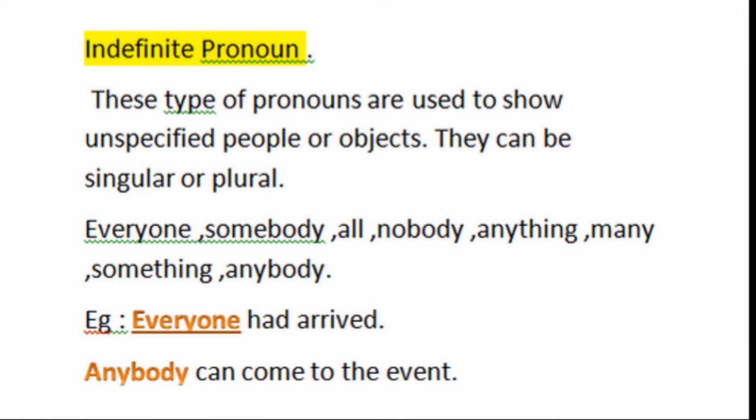Indefinite pronoun. This type of pronoun is used to show unspecified people or objects. They can be singular or plural. This includes everyone, somebody, all, nobody, anything, few, many, something, anybody.